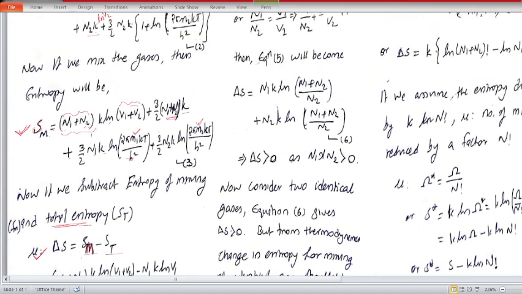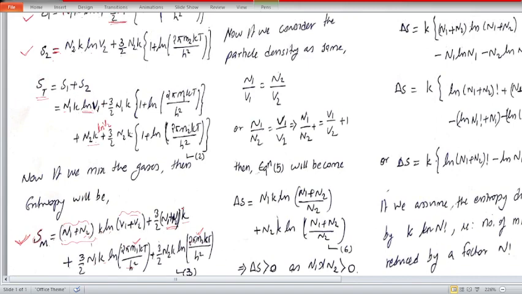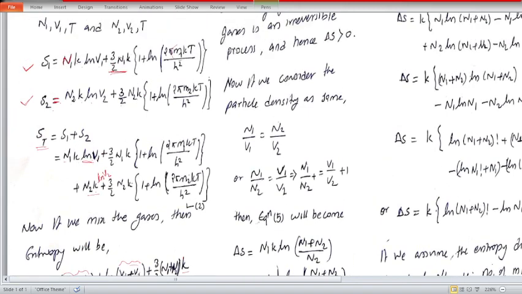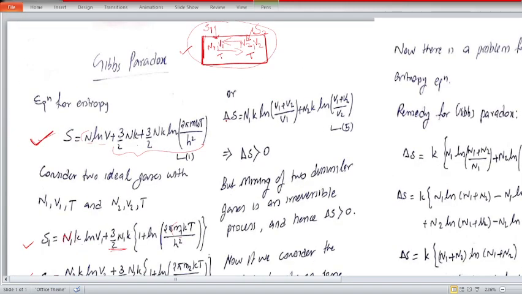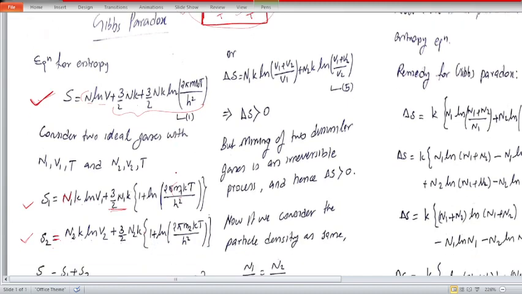That is the entropy change. You can reduce it further to n1 k ln of v1 plus v2 by v1 plus n2 k ln of v1 plus v2 by v2. This is a simple expression.